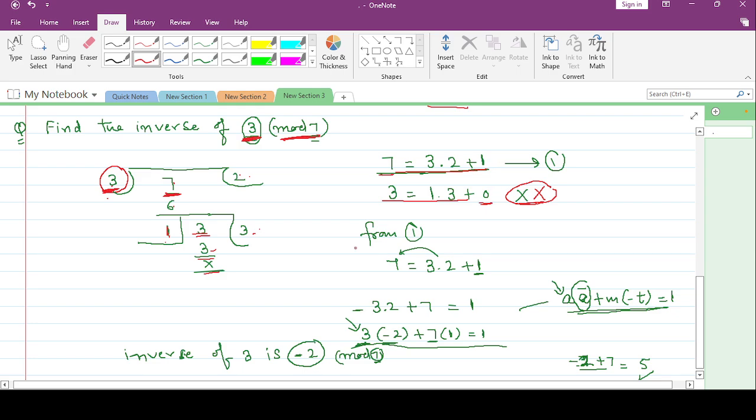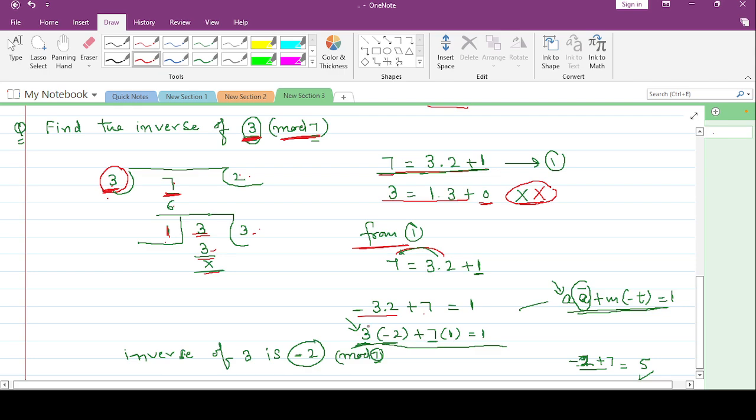So from 1 you see that 7 can be written as 3 into 2 plus 1. So bring this term to this side. So this is 7 plus 3 minus 3 into 2 equal to 1. This can be written as 3 into minus 2 plus 7 into 1 equal to 1.